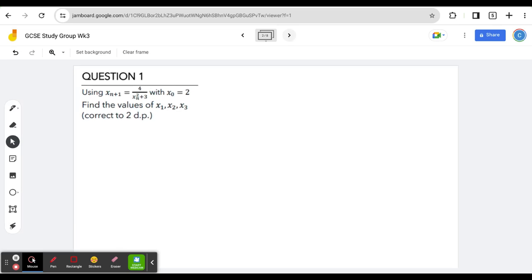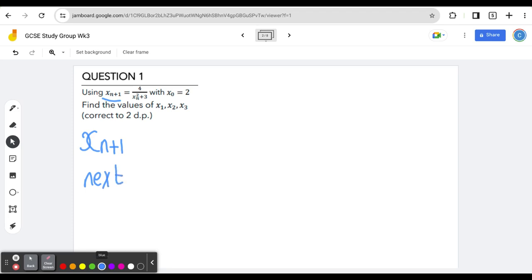Okay, here we go. Question 1. This is what we call an iterative sequence. And oftentimes, if you're in year 11, you may not have seen it yet. Basically, we're given one side of the equation. The equation is about a term called xn plus 1, which is basically the next term.